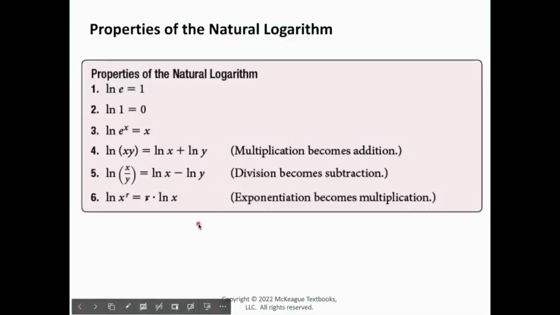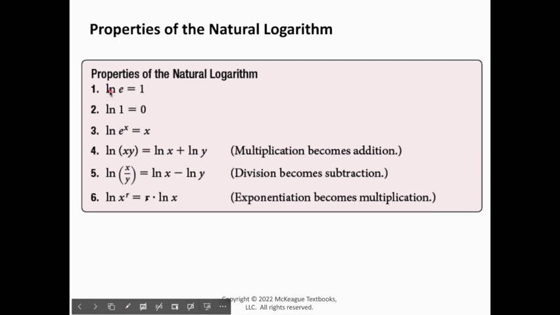Now we're going to look at the properties of the natural logarithm. Just keep in mind that these properties apply to all logarithms. The book is choosing to focus specifically on the natural logarithm, but these rules do work for logs of any base. So number 1 and number 2, we just talked about those in the previous slide.